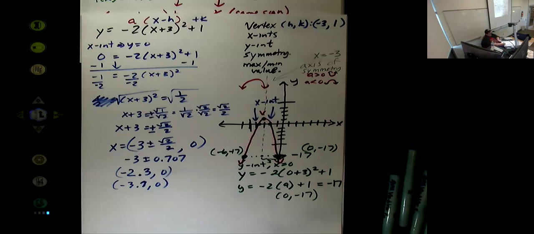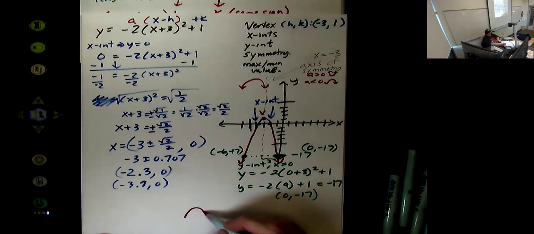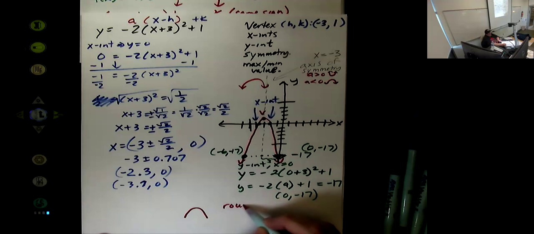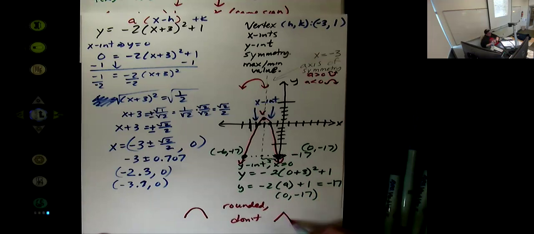The top is rounded. It's rounded. Don't make it pointy. It doesn't have an edge. It's not a vampire tooth or a fang or anything.